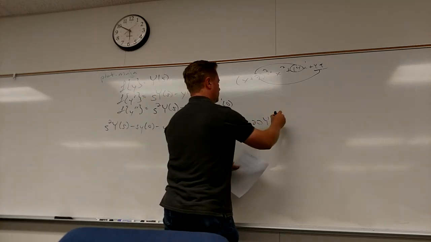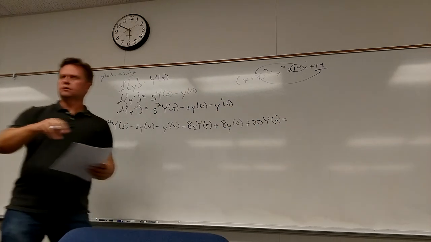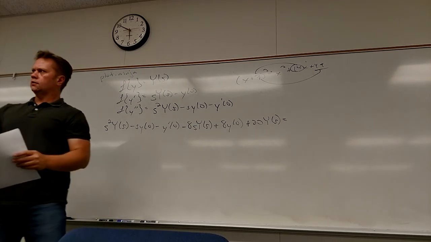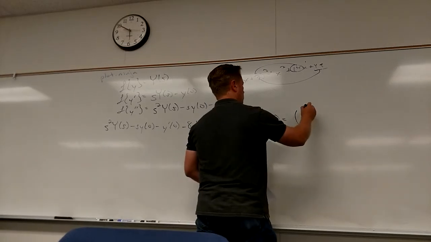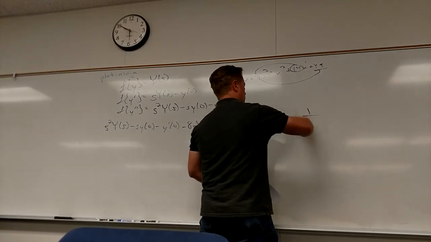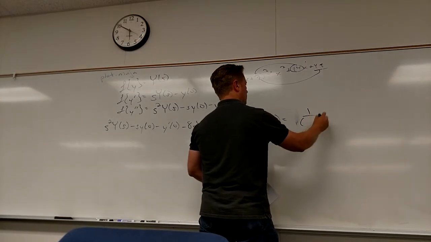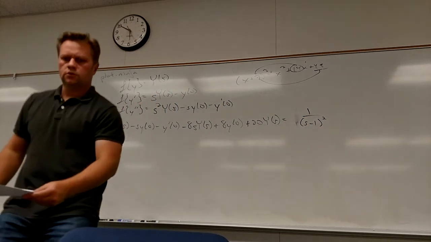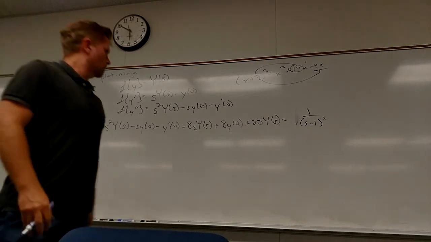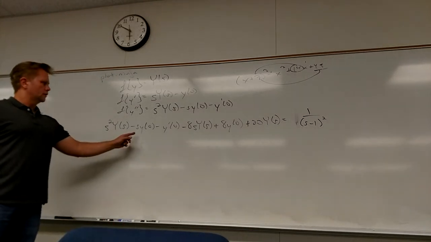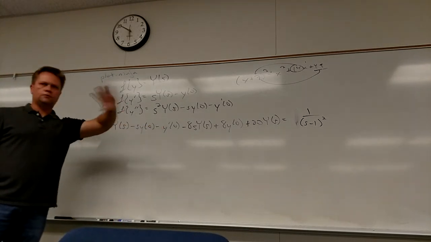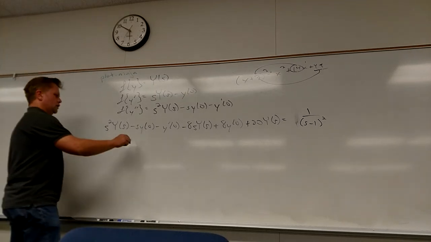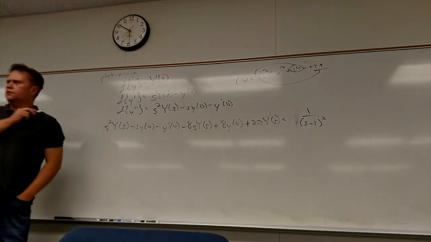Equals, and what's the Laplacian of t e to the t? Laplace of t is 1 over s squared, and e to the t is just a translation. So it'll be s minus 1. Now, I think all these are 0, right? So y is 0, y prime is 0. Yes. Is this good so far? You guys cool with this?